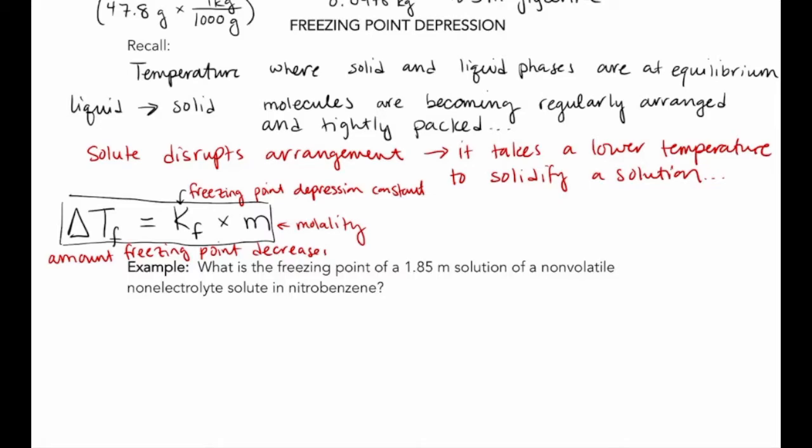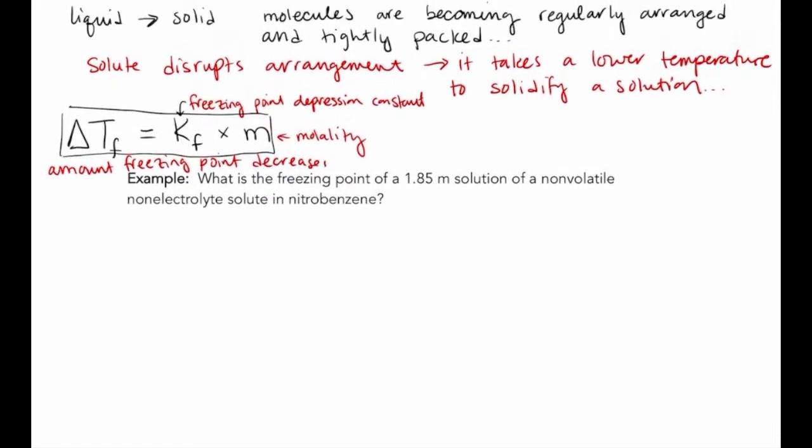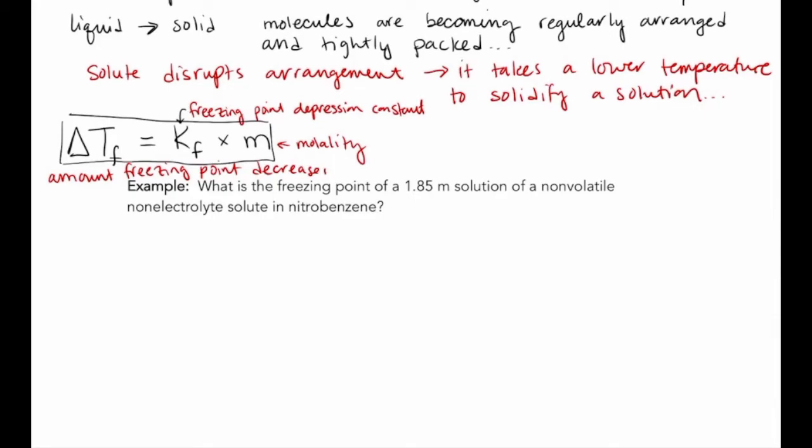So we're going to do just one example of freezing point, because the equations and the math are really just the same as the boiling point elevation, except that we're lowering the temperature instead of increasing it. So what is the freezing point of a 1.85 molal solution of a non-volatile electrolyte solute in nitrobenzene?